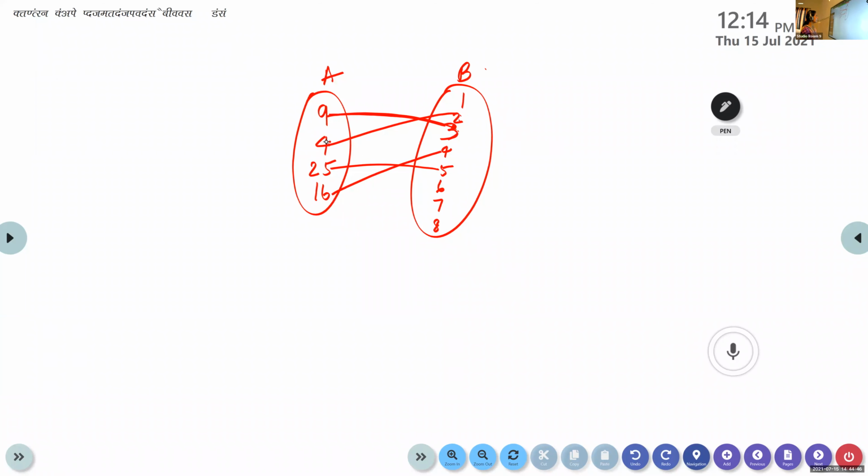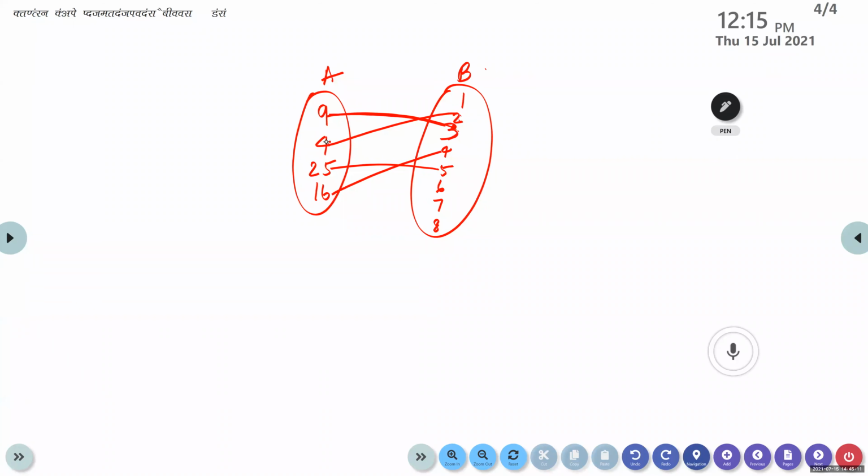Pre-image of 3 is 9. The pre-image of 4 is 16.